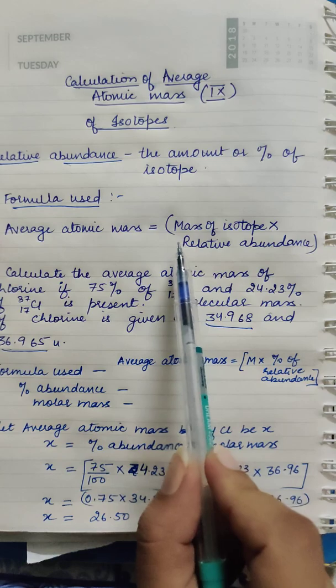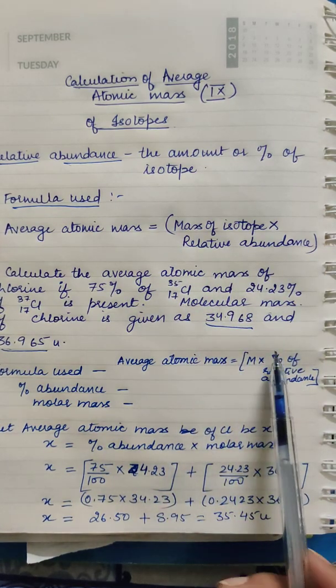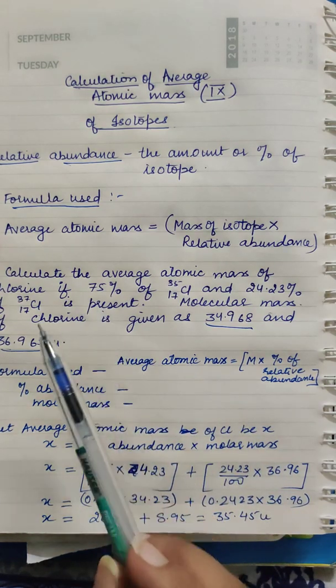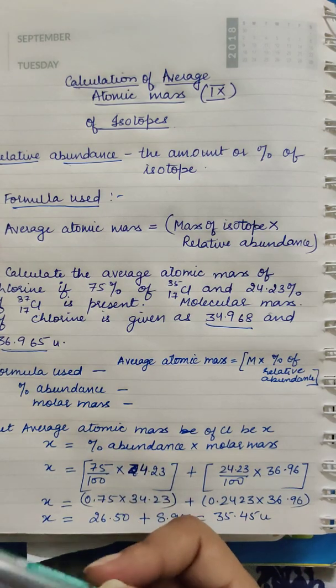Relative abundance can be in any form. It can be in percentage form, or it can be not in percentage form. Both forms can exist.